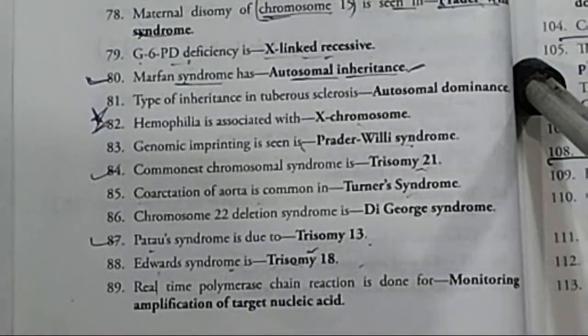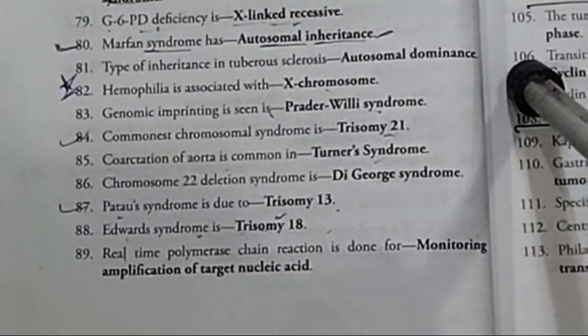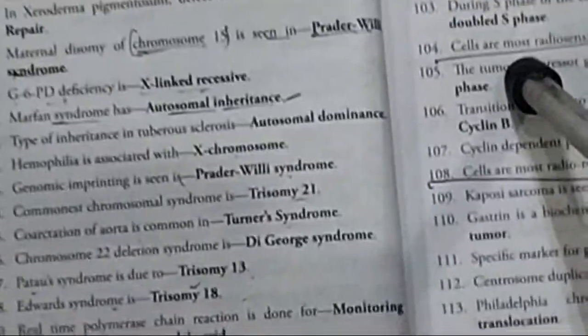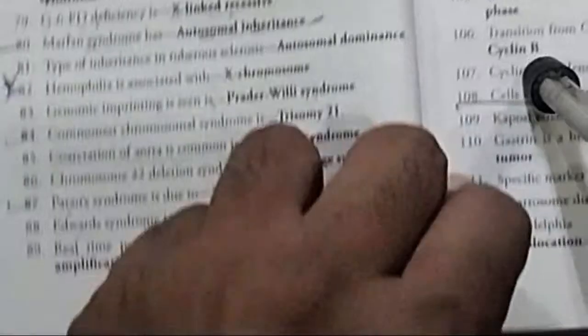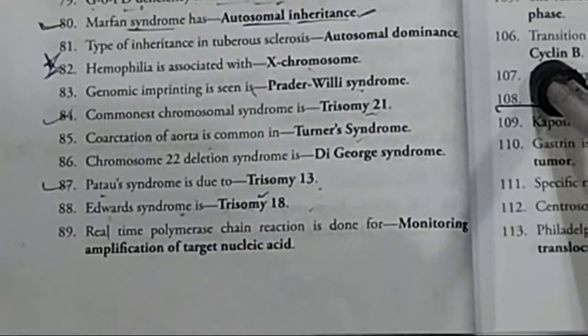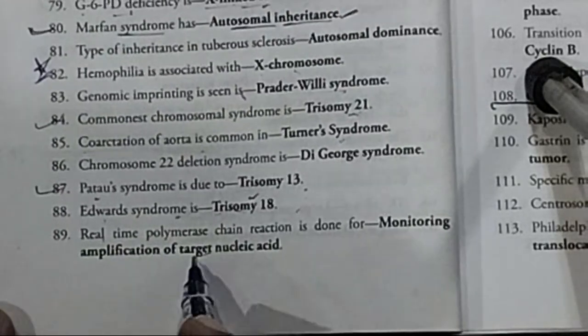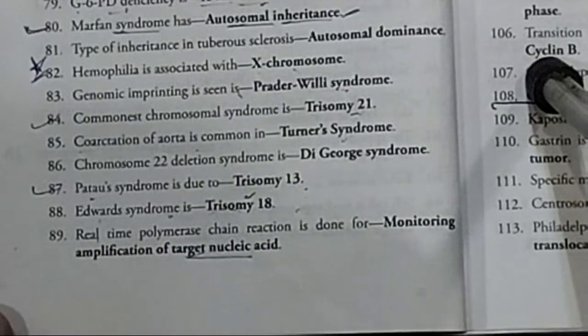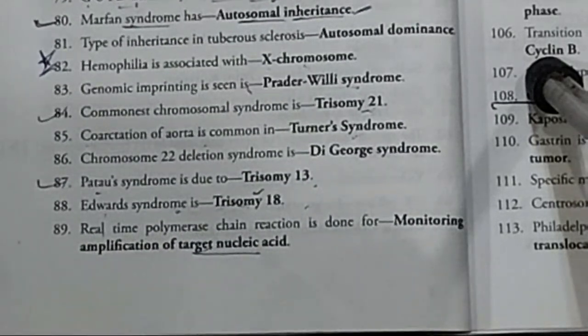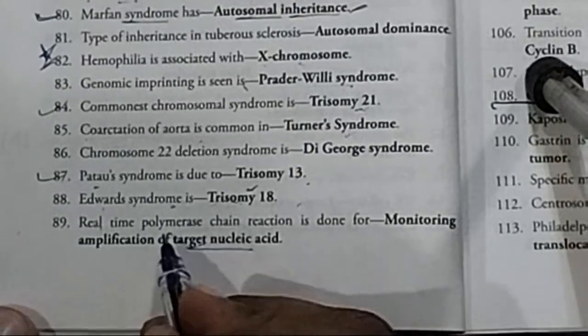Now, the next very important MCQ is the real-time polymerase chain reaction. It is done for monitoring the amplification of the target nucleic acid. So do remember, students, for amplification of DNA, this PCR is done.